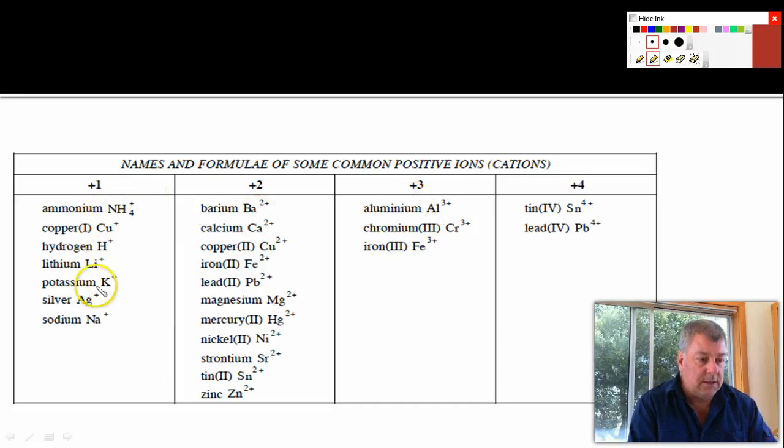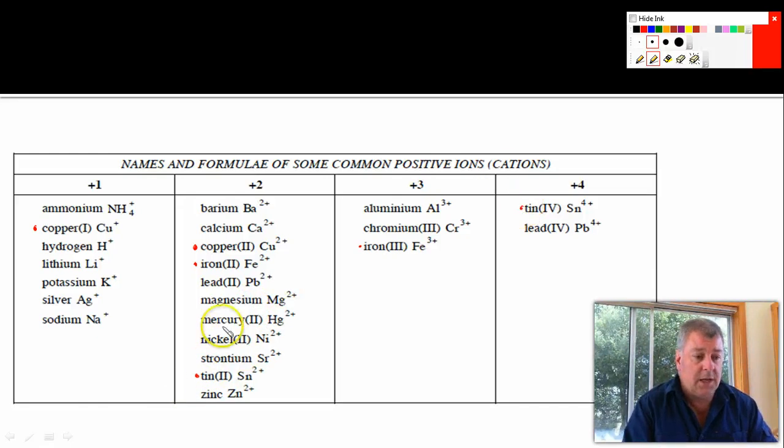If we look at our table here, we can see a copper here, but we can see a copper there. So here's an example of an ion that has variable charge. What else have we got? We've got an iron here and an iron here. We've got a tin here and a tin here.